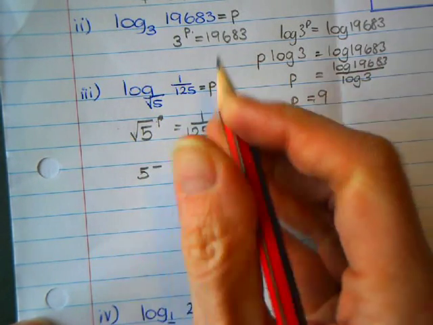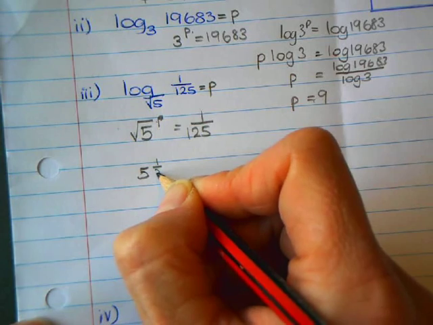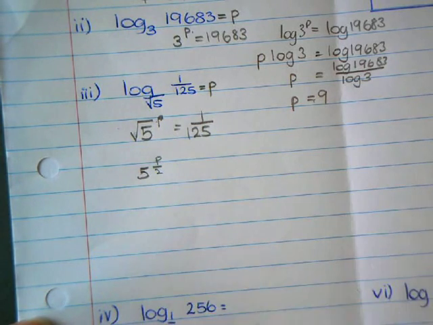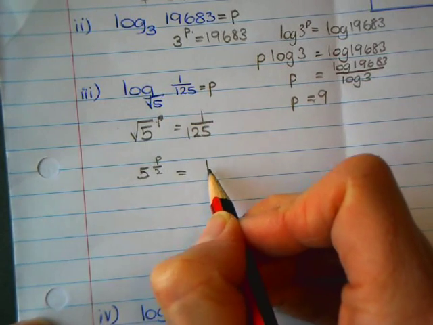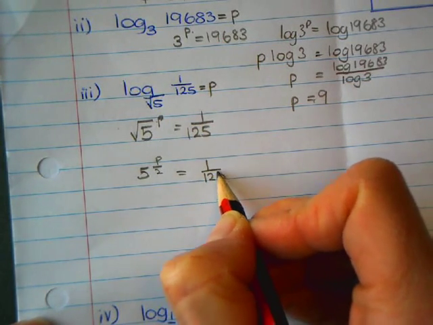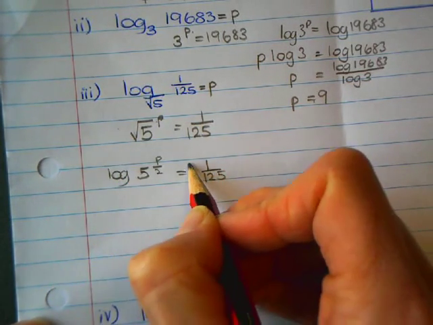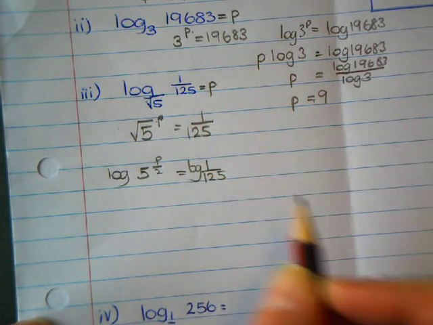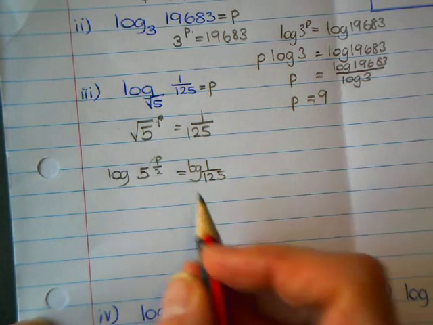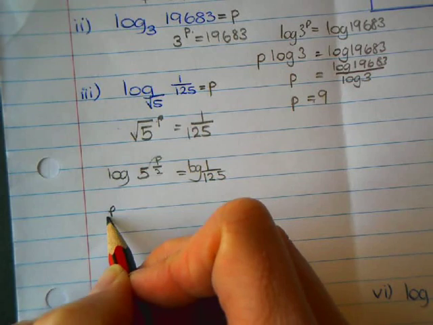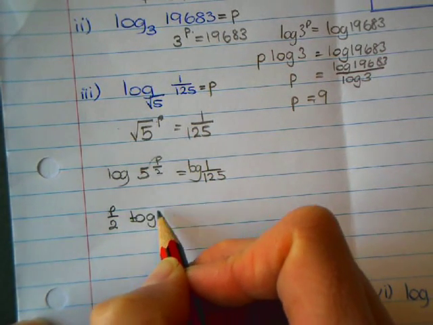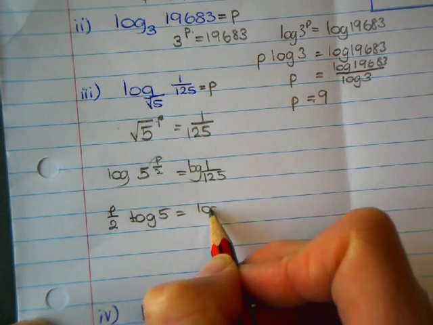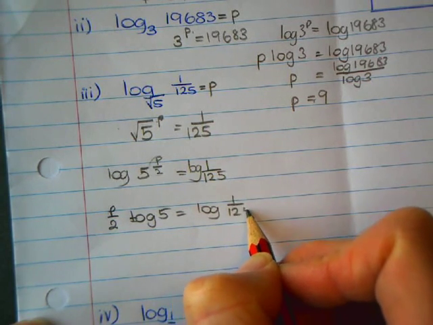So 5 to the power of a half times P. That simply puts the P on the top line. Now this equals 1 over 125, and then I'm going to take the log of both sides. Now this power can live down the front. So P divided by 2, log 5 equals log 1 over 125.